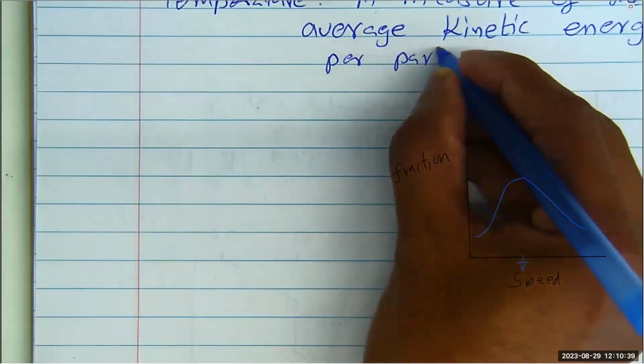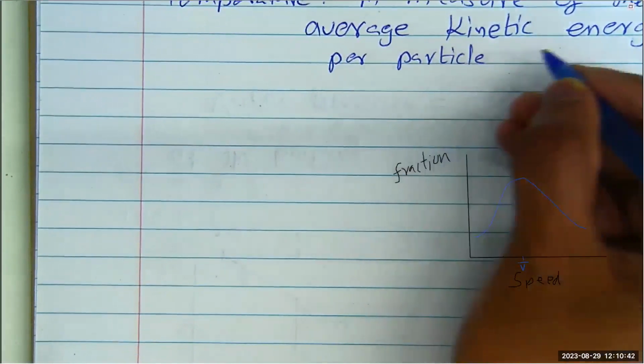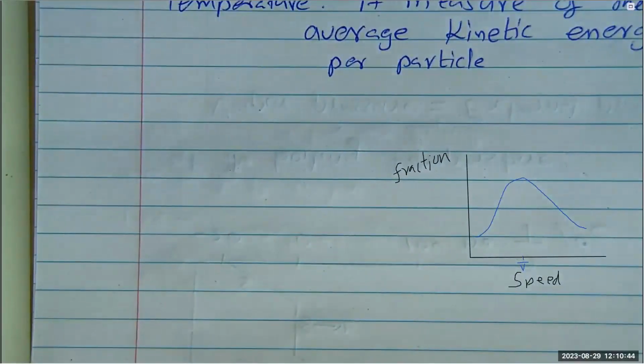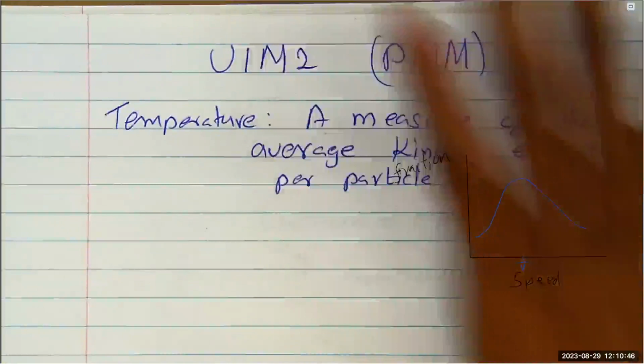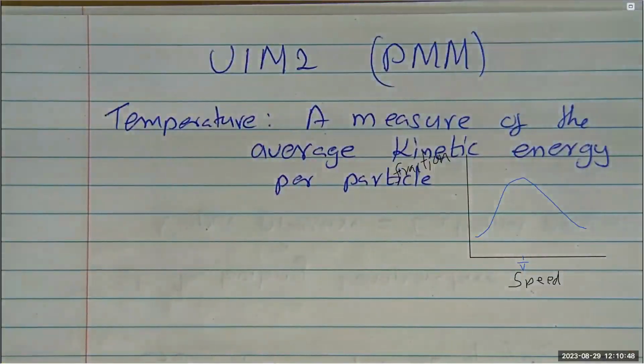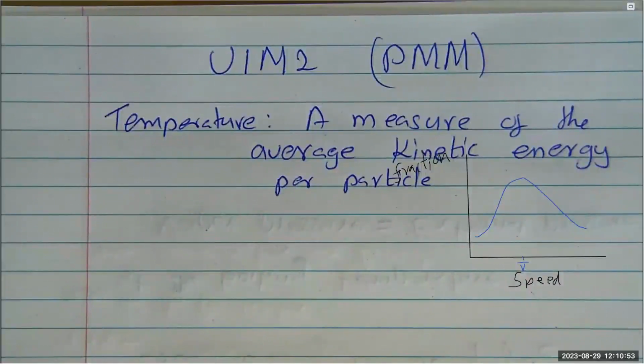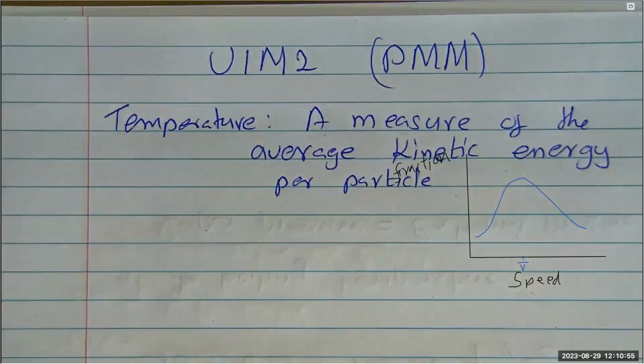Even if you forgot the per particle part, it's not the end of the world. If you can remember that the temperature is a measure of the average kinetic energy, that would suffice. Do we have any questions, concerns, comments so far?